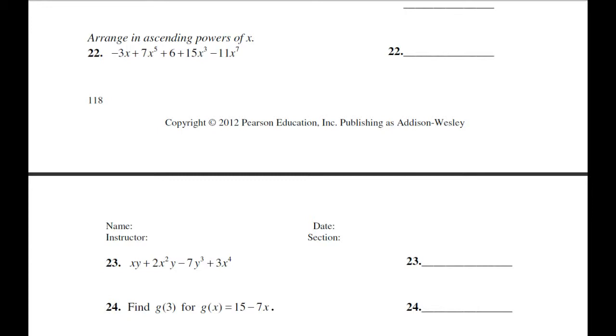Now, this one is in ascending order, so we're looking for the lowest, which would be x to the 0, x to the 1st, x to the 3rd, x to the 5th, and x to the 7th.